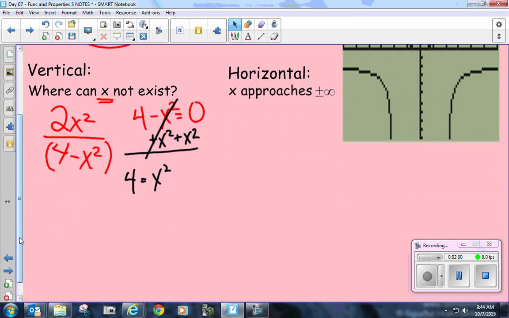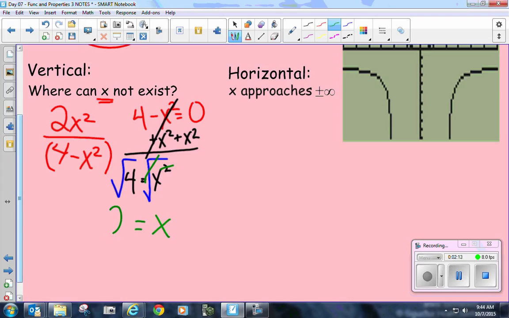Yeah, the opposite of squaring is square rooting. I take the square root of both sides. So now my square and my square root cancel. So x equals the square root of 4, which is 2. But be careful, whenever you work backwards from a square, it's always plus or minus.